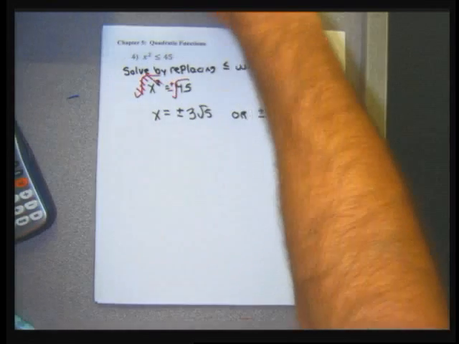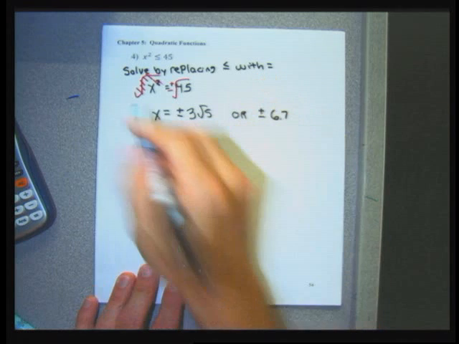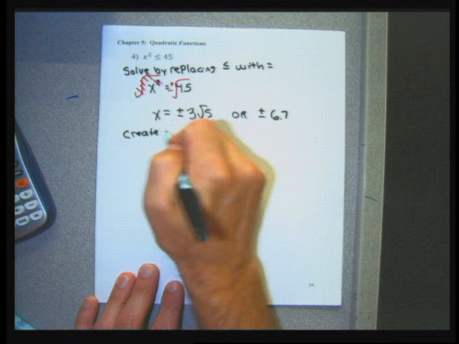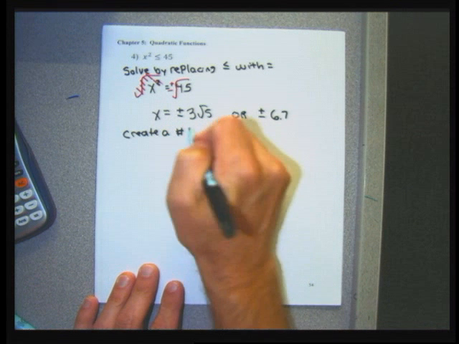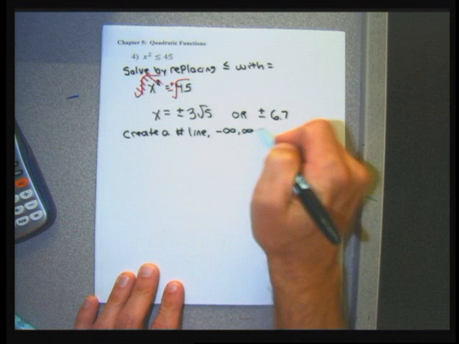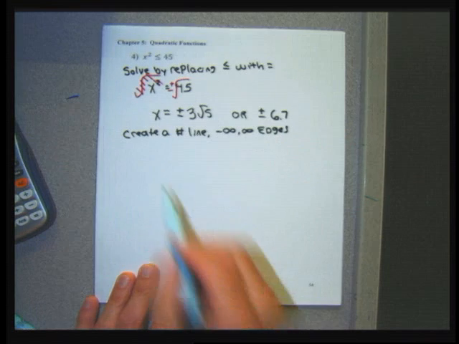So I'm now ready to create intervals. On my little steps right here, I solved by replacing the less than or equal to with an equal sign. And now I'm going to create a number line, negative infinity and positive infinity on the edges, and then the numbers I've gotten in between.